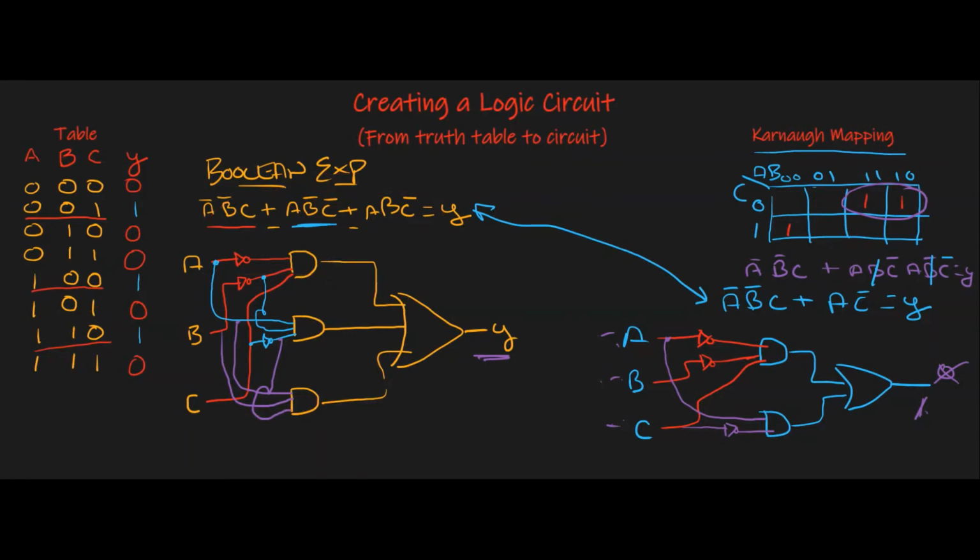We build the circuit, or design the circuit. But as you can see, that circuit's not exactly the easiest. We can take it over here to a Karnaugh map. We can take it through the Karnaugh map and simplify it, and then build the circuit from there. That would be much easier to build than this monstrosity here.